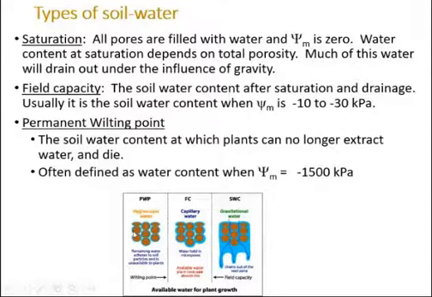The plant cannot absorb that water because it is tightly held in the soil, and if the plant cannot use it, then it dies. That's why it undergoes wilting, and that's why we call it the permanent wilting point. This can occur at a matric potential of minus 1500 kilopascal.